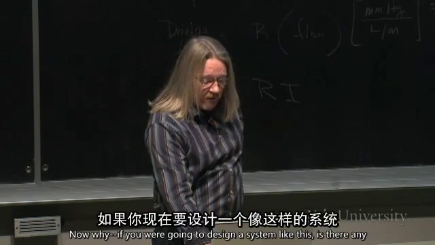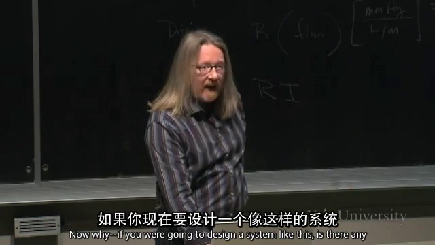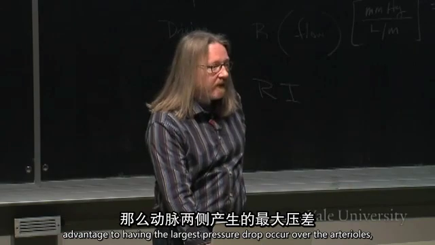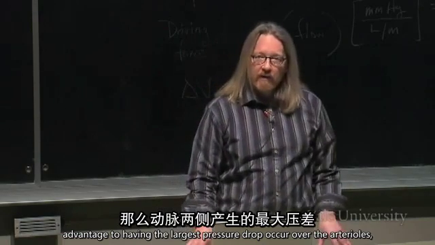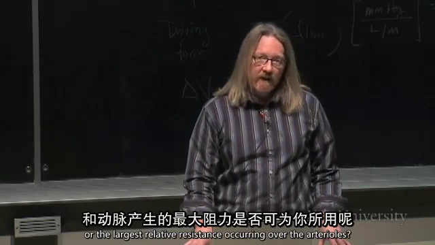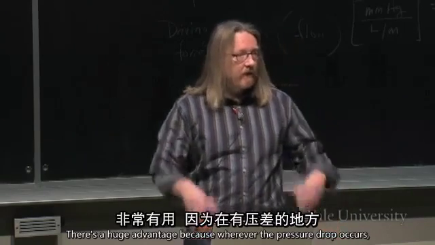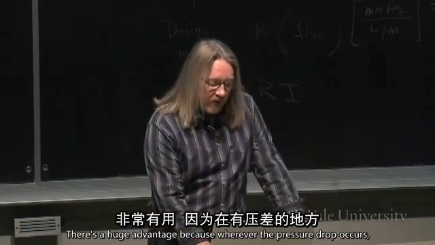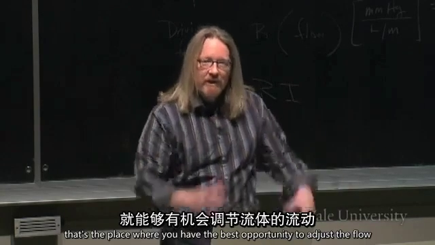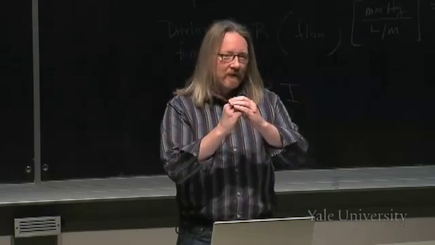Now, if you were going to design a system like this, is there any advantage to having the largest pressure drop occur over the arterioles, or the largest relative resistance occurring over the arterioles? Well, there's a huge advantage, because wherever the pressure drop occurs, that's the place where you have an opportunity to adjust the flow.